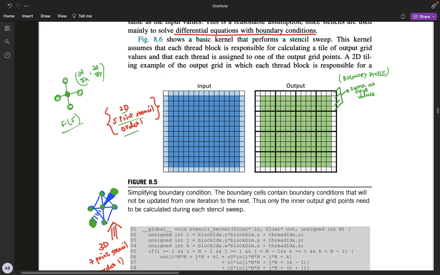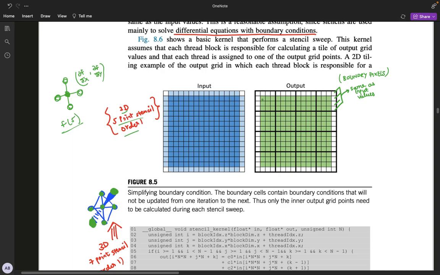Now, if this is the input and the inner part is the output, it's because for solving partial differential equations, the boundary pixels are typically ignored because they're not of any significance.